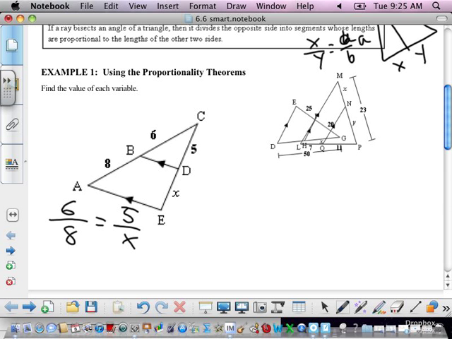We're taking the little one over the bigger one is proportional to little over big. And then we simply cross multiply. 6 times x is 6x. 8 times 5 is 40. 6 goes into 40, 6 times, 36, 7 times is 42, so 6 times with 4 left over, or 6 and 2/3.